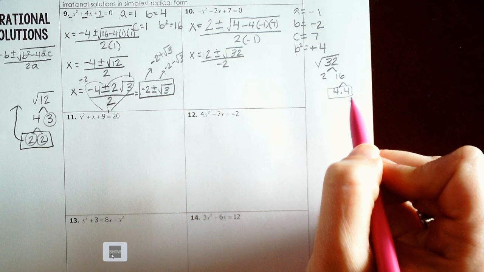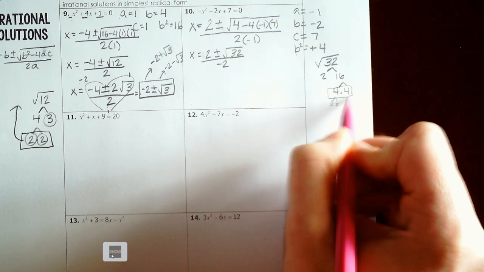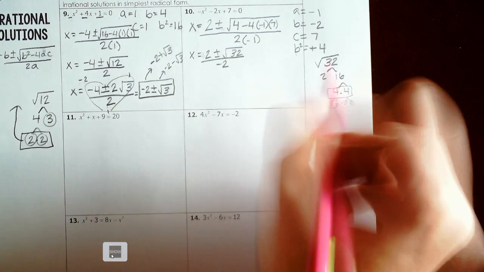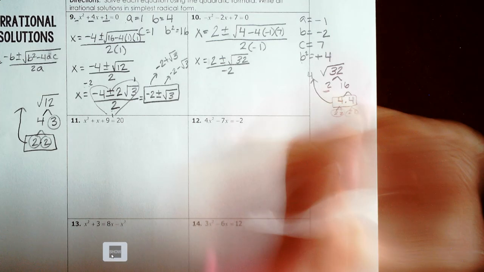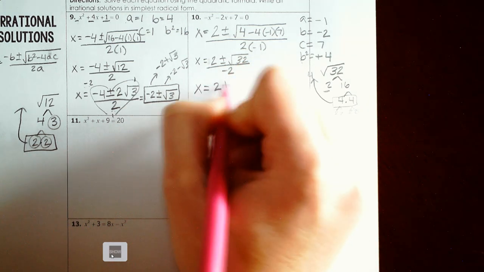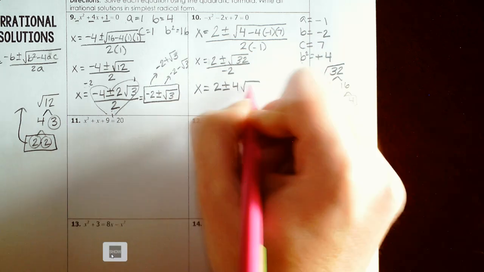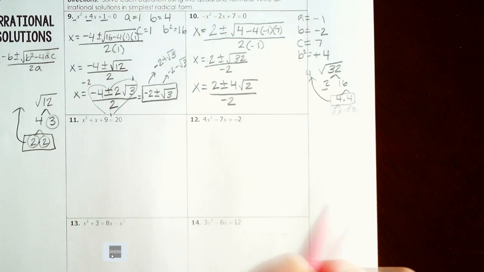Or if that confuses you and you want to break it down, you can break it down still to 2 times 2 and then 2 times 2. Then you would have 2 pairs of 2, which when you multiply and bring them out to the front, it's a 4. And then this one's left over. All right, so this simplifies to x equals 2 plus and minus 4 square roots of 2 all over -2.